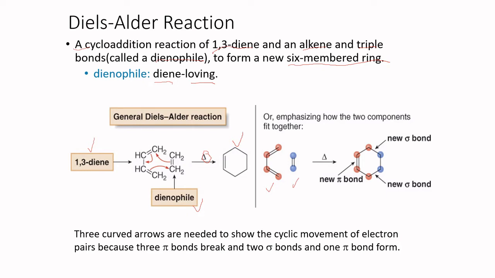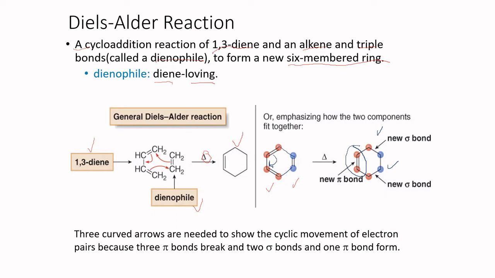They will form a new bond here, and this bond will move to this part. We will get a new pi bond at this region and two new sigma bonds that connect the two molecules together.